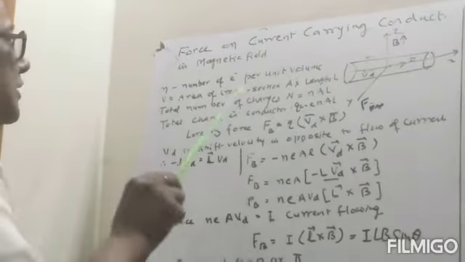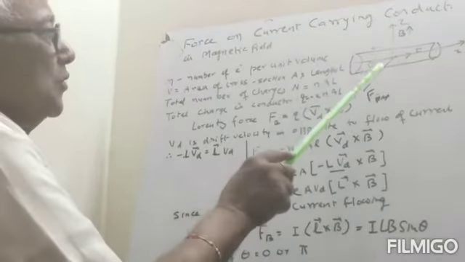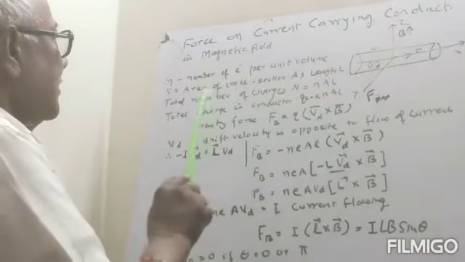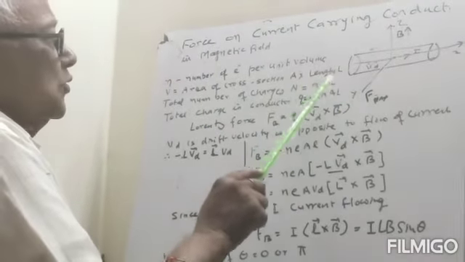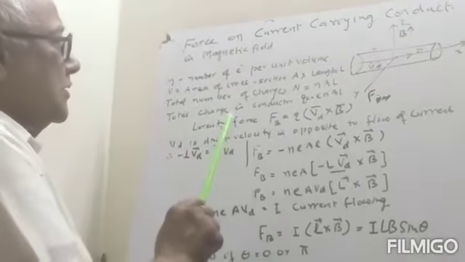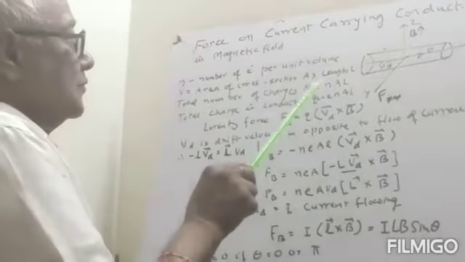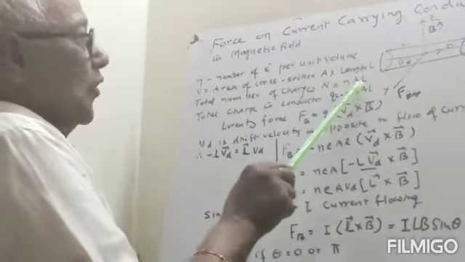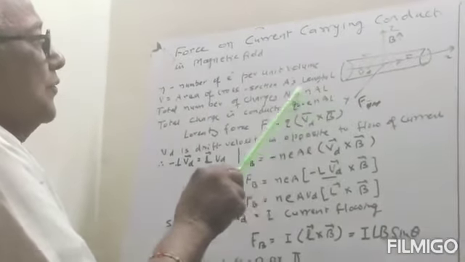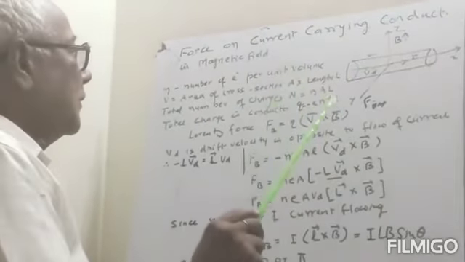Now, if small n is the number of electrons per unit volume, the volume of the cylinder will be equal to area of cross section multiplied by the length. So volume will be equal to L into A. So the total number of charges contained in the conductor will be equal to n into volume A into capital L. And what will be the total charge?